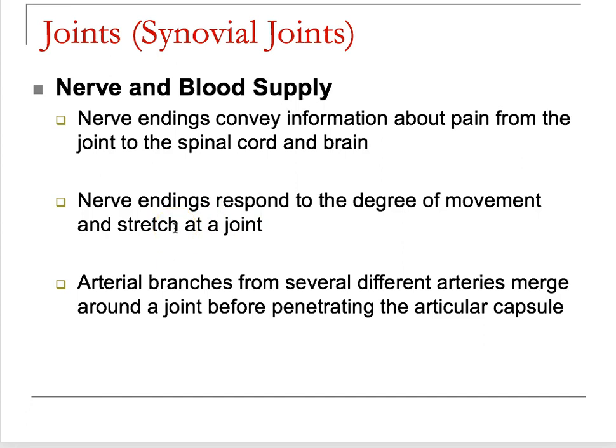And you know this because these are Ruffini corpuscles. Arterial branches from several different arteries are going to merge and surround a joint before penetrating the articular capsule itself. So you have blood flow to the capsule, but the synovial fluid is not plasma of blood.